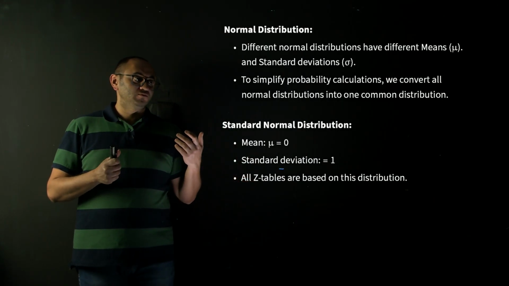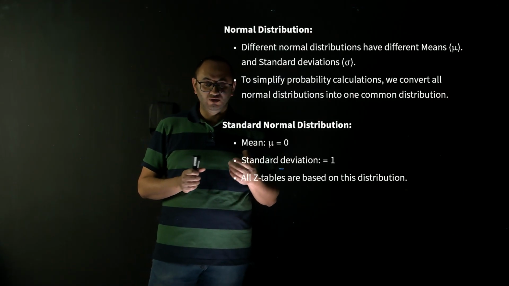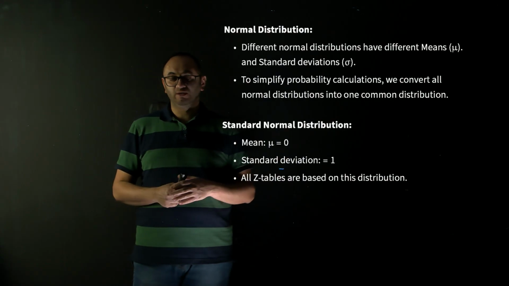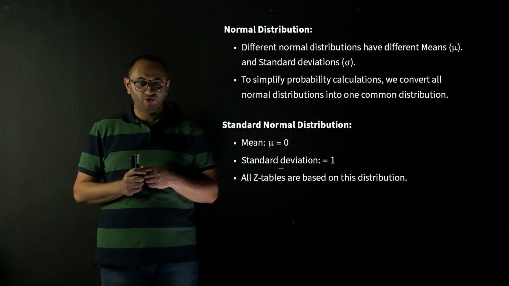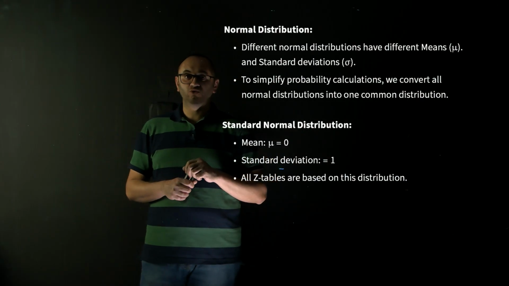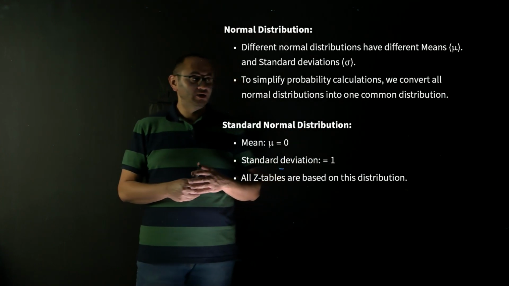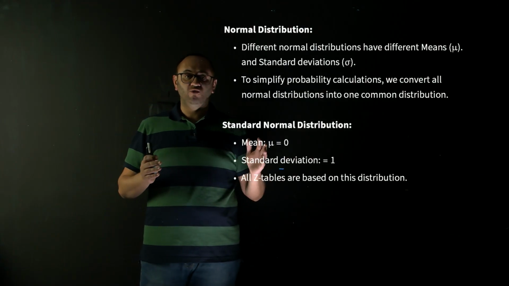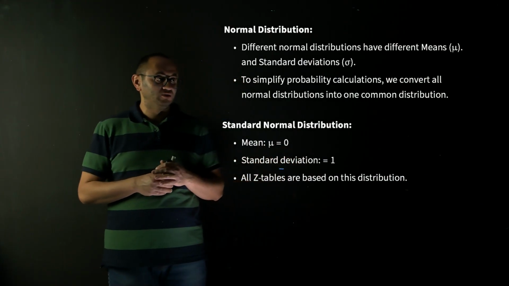Now, different normal distributions have different means, right? And different standard deviations. So we may have a normal distribution with mean 10 and standard deviation of 5, another normal distribution with mean of 2 and sigma of 20. Right? So for a normal distribution, we could have any value for mu and any positive value for sigma.